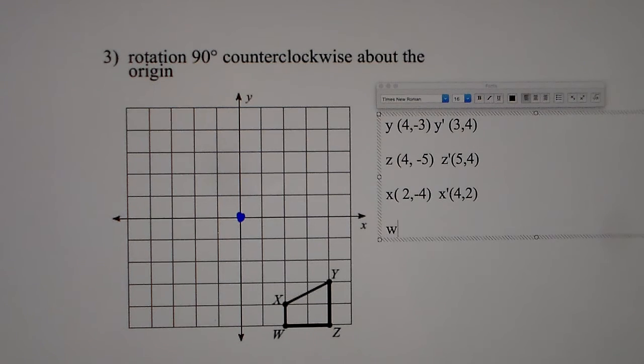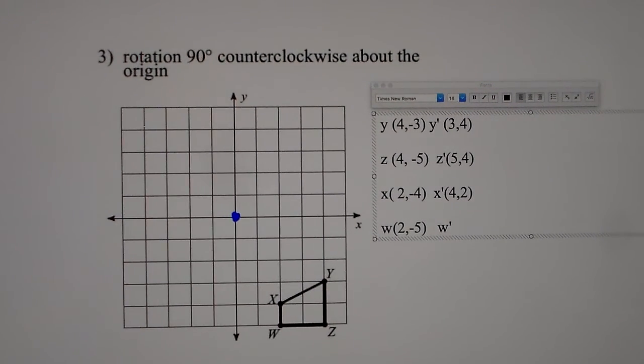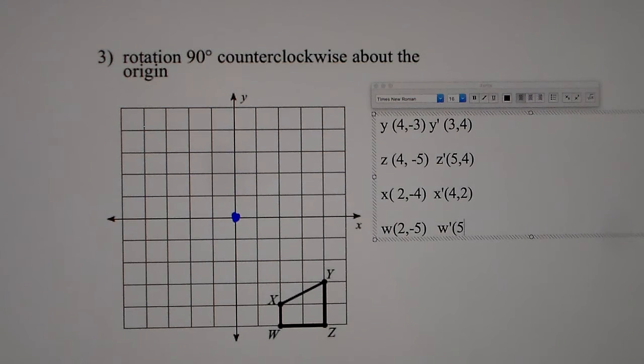And W is 2 to the right, 5 down, so 2 comma negative 5. So W prime is going to be 5 comma 2.